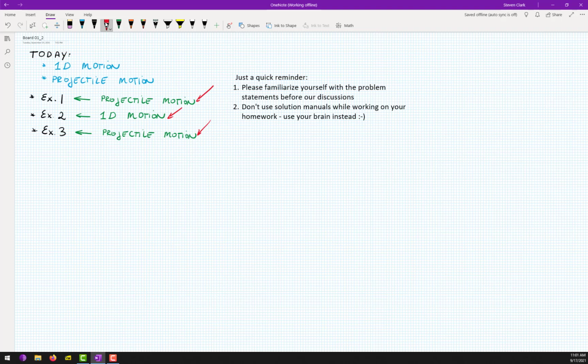As a reminder, guys, please familiarize yourself with the problem statements before coming to our discussions. I believe it's beneficial for both of us, and especially for you, because why on earth would you like to spend your time reading here? Let's spend it on something more productive, like solving problems.